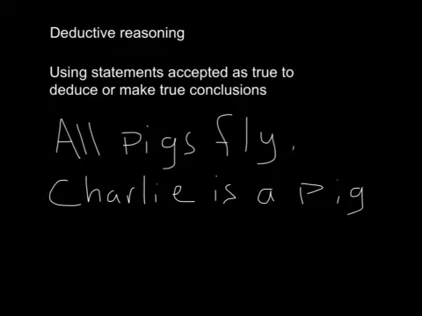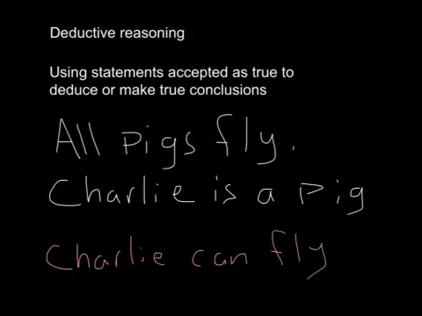Okay, so looking at our two statements, we have all pigs fly. Charlie is a pig. What conclusion might we be able to make? Well, since Charlie is a pig and all pigs fly, we can say that Charlie can fly. Now that would be a true conclusion based on our given information.